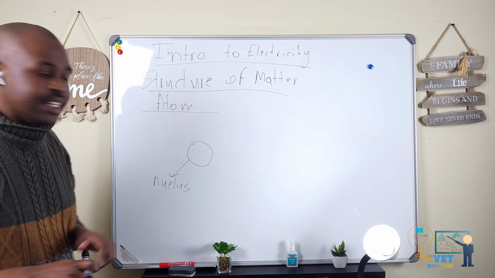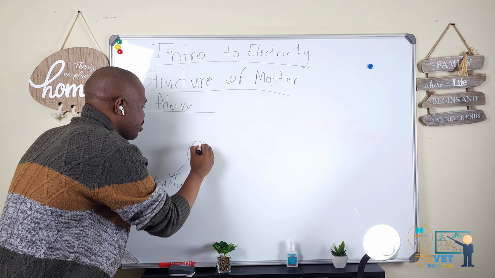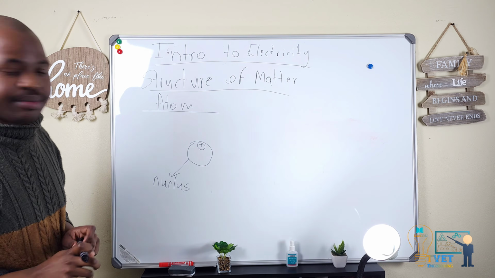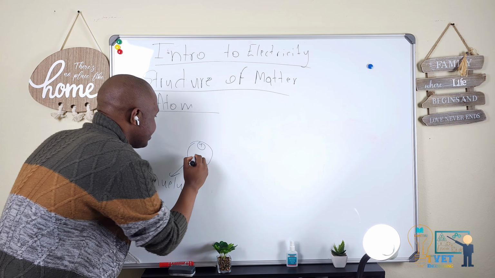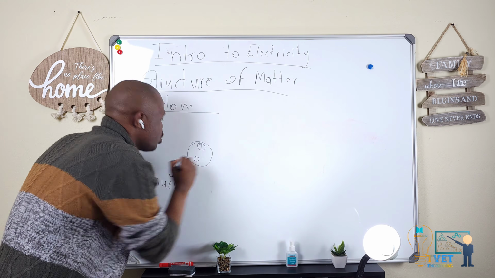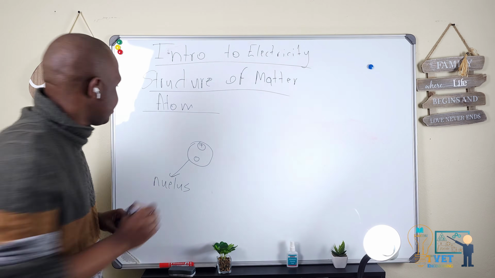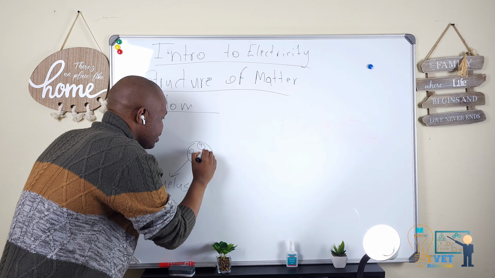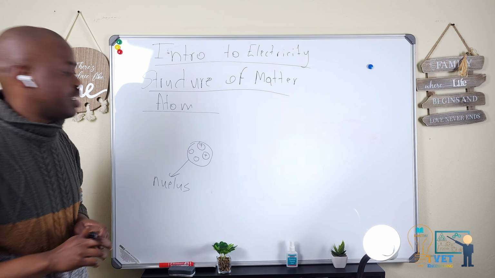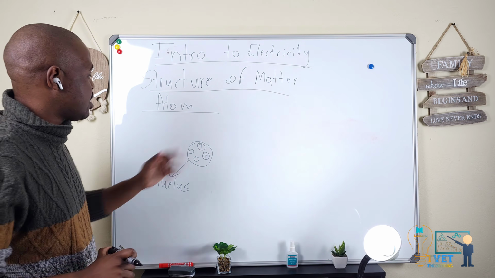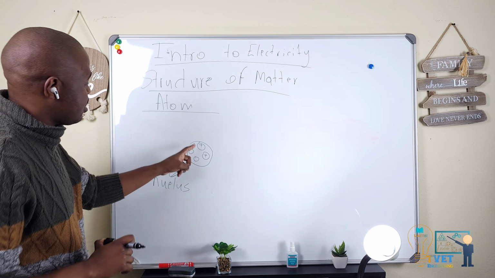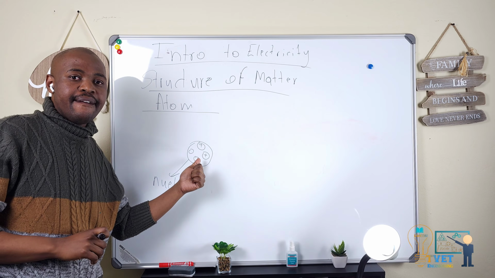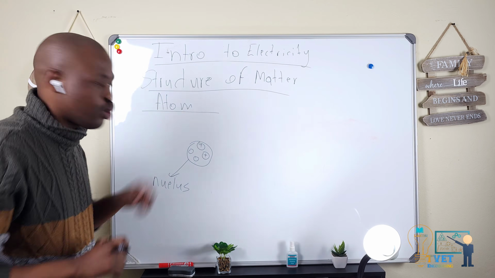Inside the nucleus there are positive protons, and then there are neutral neutrons. I'm just putting two protons there. There are positive protons inside the nucleus and neutral neutrons.